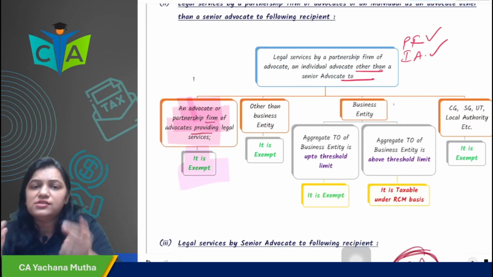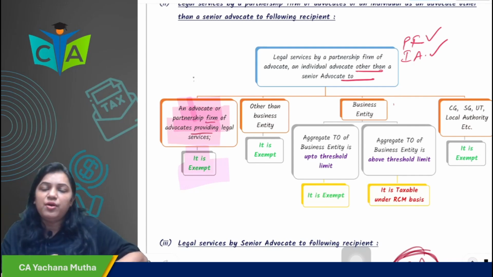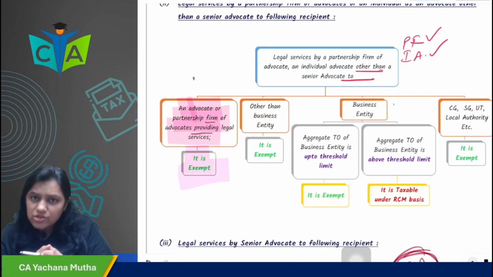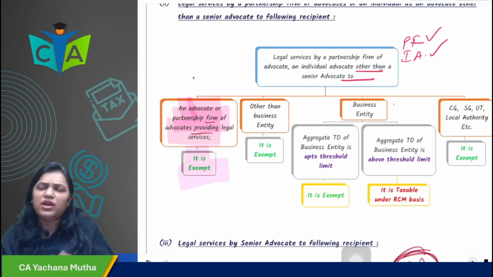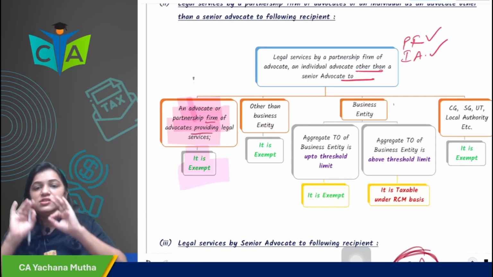One advocate providing legal services to another advocate, or one partnership firm of advocates providing legal services to another partnership firm or advocate, GST is exempt, boss.